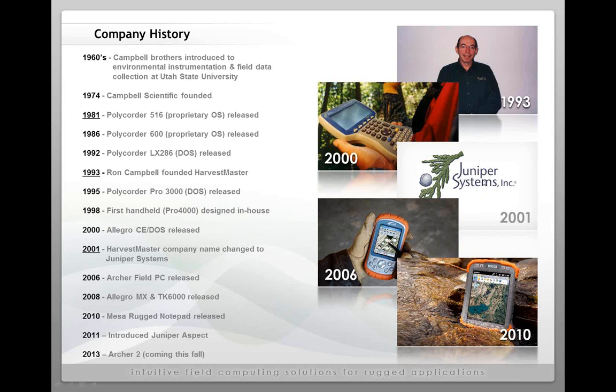Our equipment is built to take the abuse that it gets in these harsh environments: hot, cold, wet, windy, dirty, muddy. That's what they're designed for. We know they're going to get dropped. They're going to leave them on the top of the truck and drive away. But that's our market. That's what we design things for.